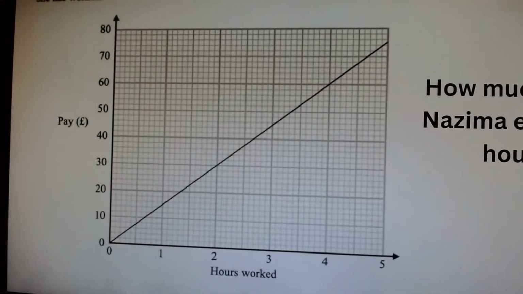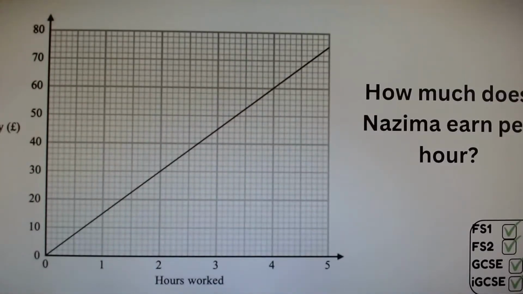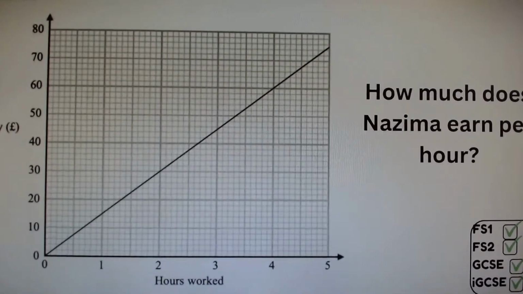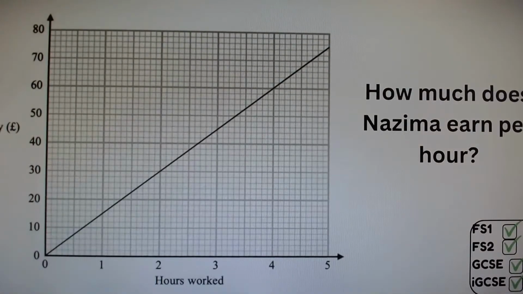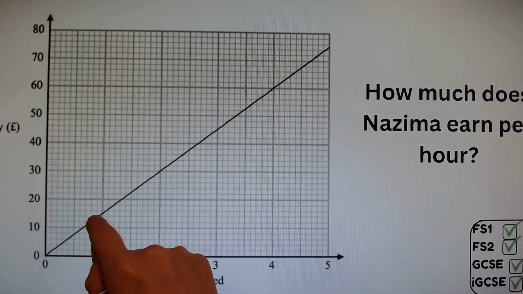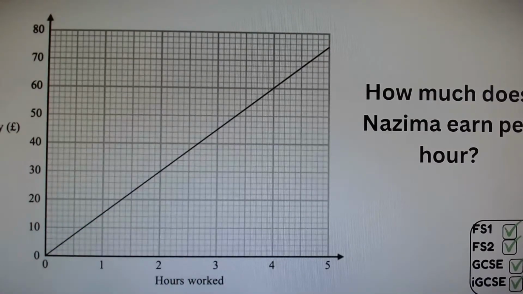You can read it off the graph, but you might have noticed that it's quite challenging to read the 1 hour mark off this graph. Some people will get it accurate, but be aware that because you can get an exact answer, in an exam situation they would expect the exact answer. So if we went to 1 hour here and read that off and you didn't get exactly 15, you wouldn't get the mark.